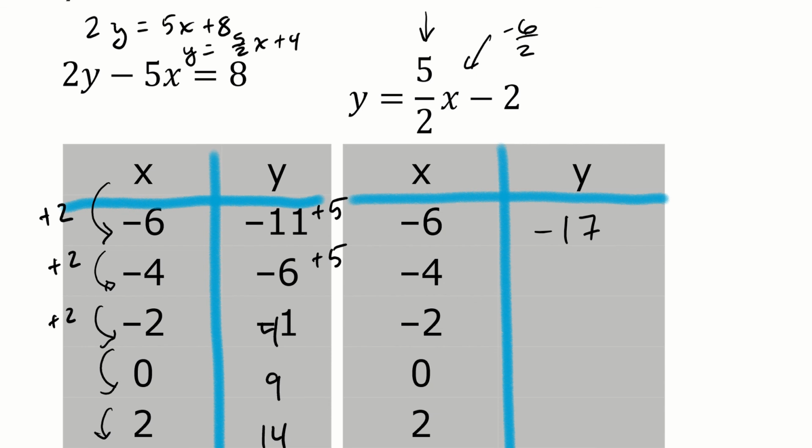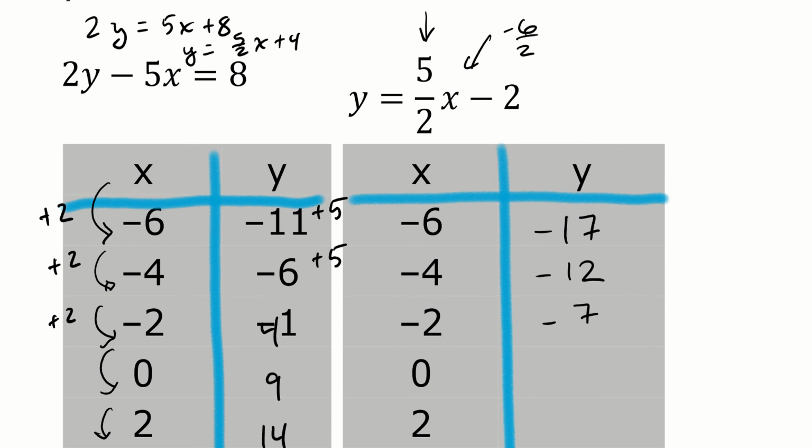And if I go up, because these are increasing by 2, the next one should be 5 more. I'm adding 5, so this should go to negative 12, right? So negative 4 divided by 2 times 5 minus 2. Yep, it is negative 12. If I add 5 to that, I would land at negative 7.